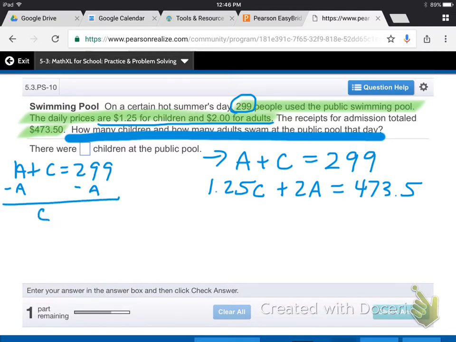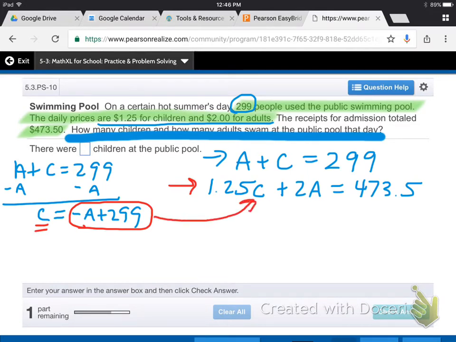So we get C equals negative A plus 299. Now, let's take that amount, negative A plus 299, and substitute it in the other equation for what variable? For C. So right there, we're not going to write C down, we're going to write down negative A plus 299.